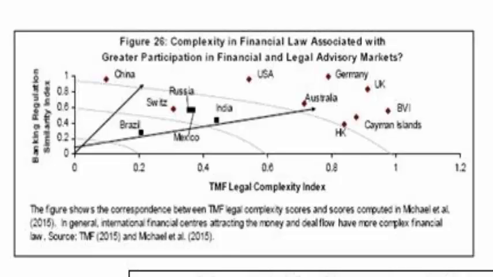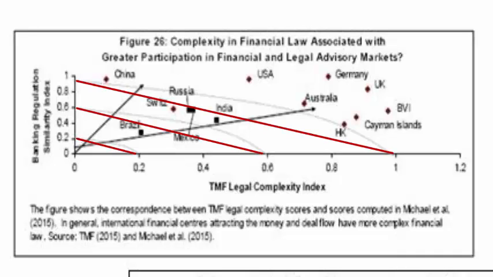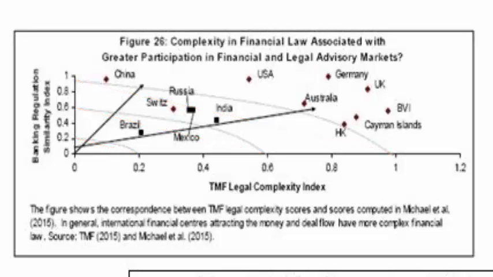But in any case, stepping back and looking at the figure, we show that there are levels of legal complexity. Even if you don't believe any one particular measure, just taking a combination of the two measures, you can see how different countries very clearly have different levels of legal complexity.